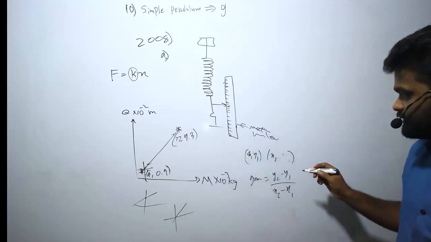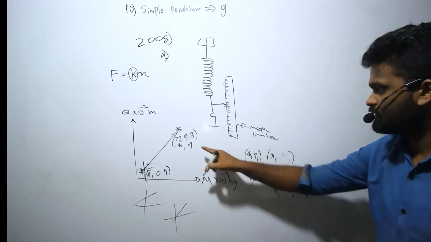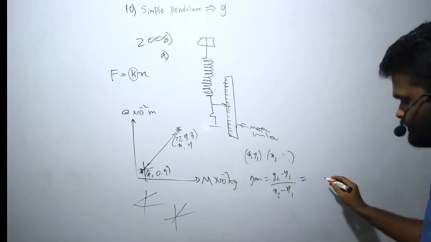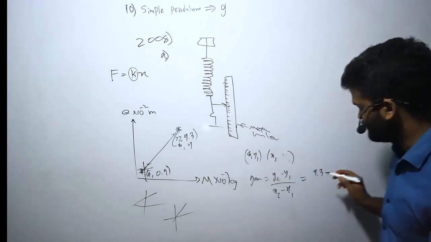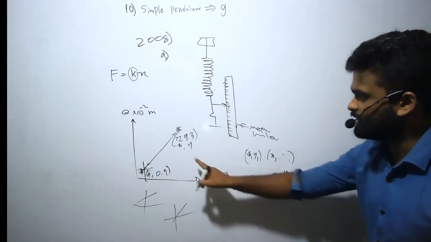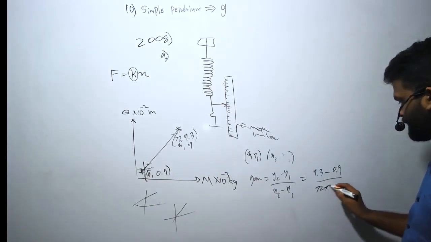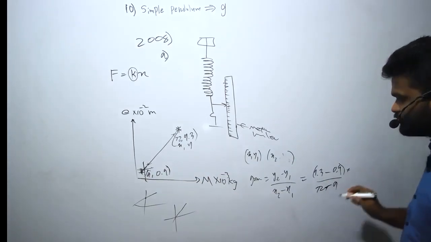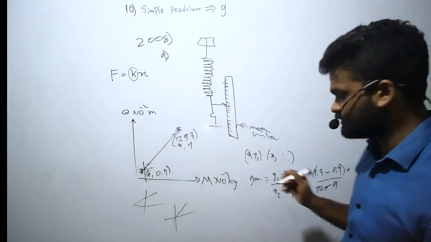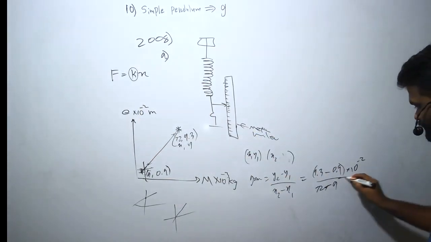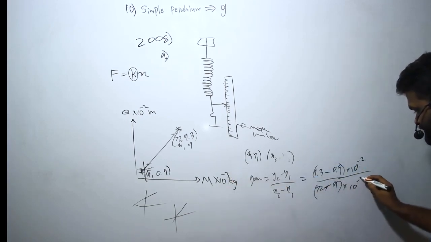How do you find the gradient? So y is 9.3 minus this y, 0.9, divided by x, 72 minus 9. You know y coordinates must be multiplied by 10 to the power minus 2, right? Then x coordinates must be multiplied by 10 to the power minus 3.